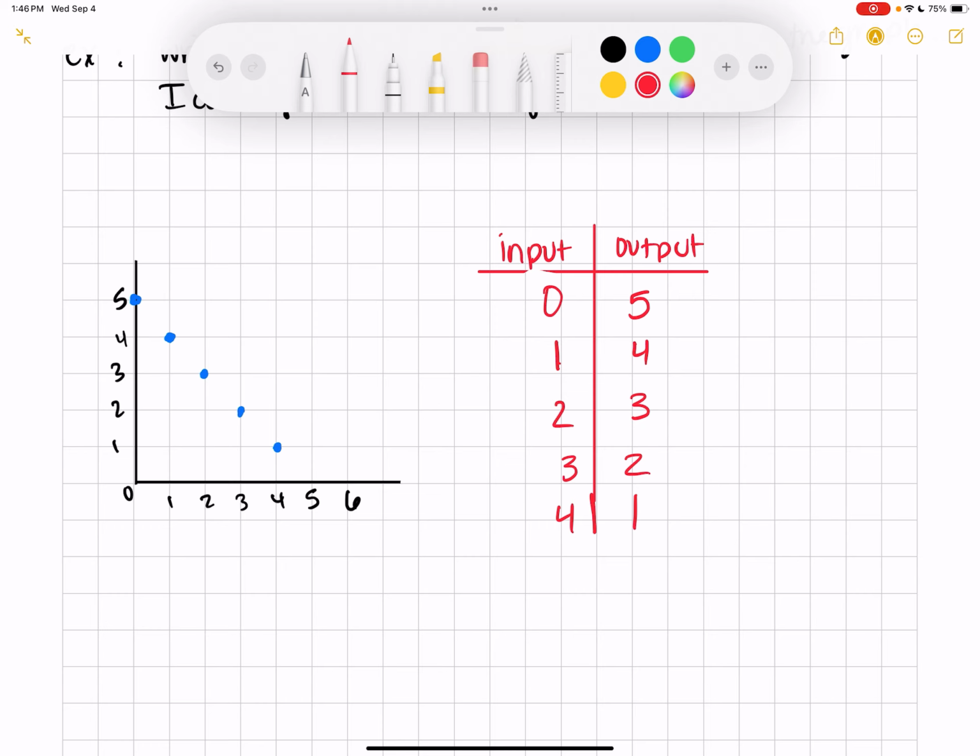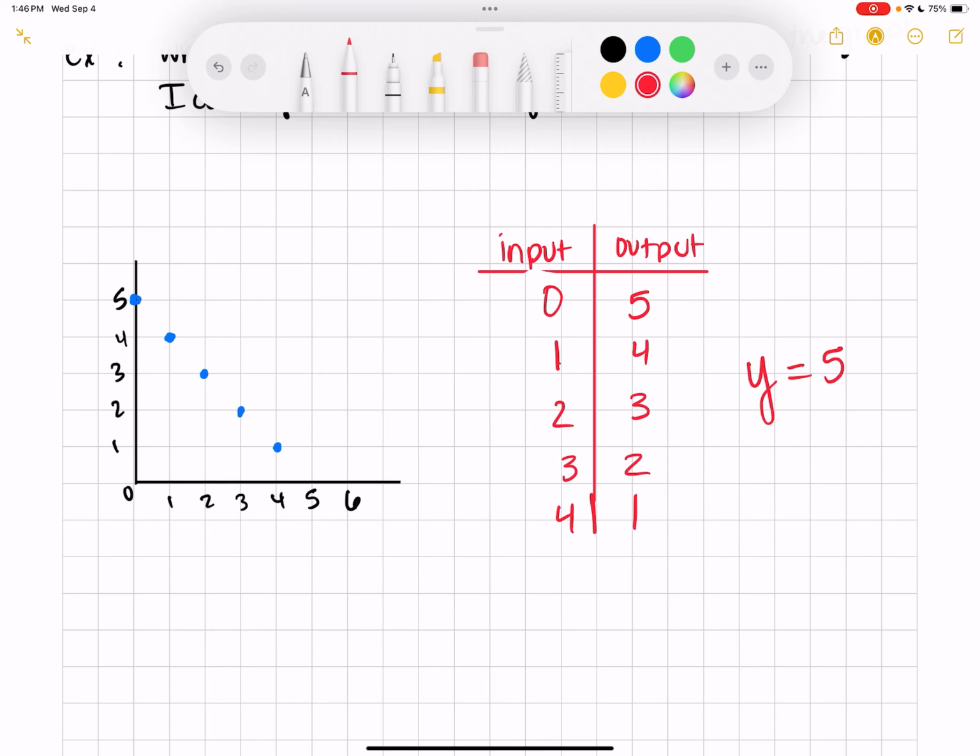We know that when x is 0, y is 5, right? Do we see that? When x value is 0, y is 5. We see that, right? Yes. Okay. So that tells me that to start with, y equals 5.